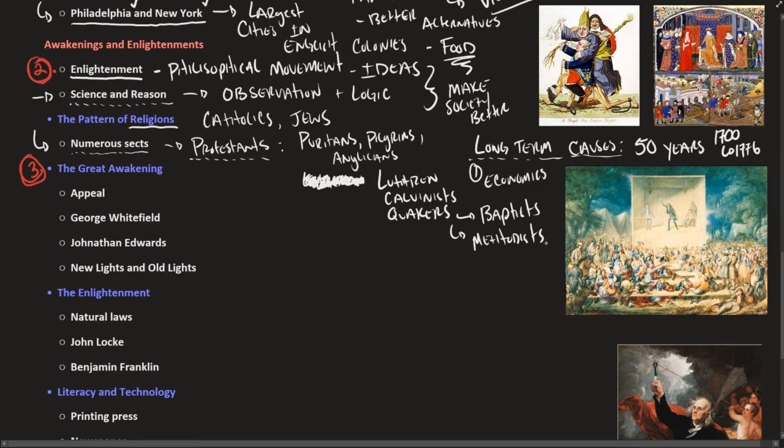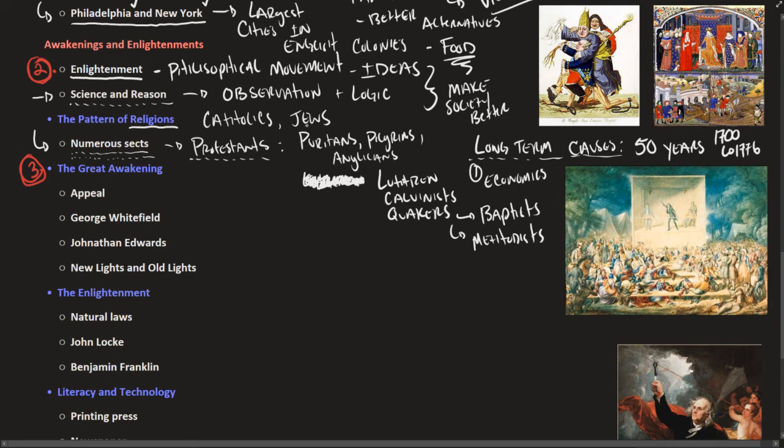And that's not even the end of it. There are more. But you're getting an idea of how religiously diverse the colonial religious makeup was. You don't have to know all these different versions, but just know that it was pretty diverse.